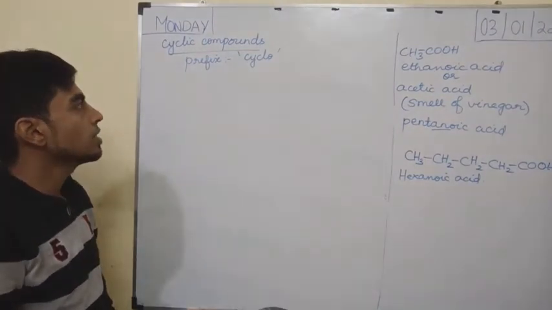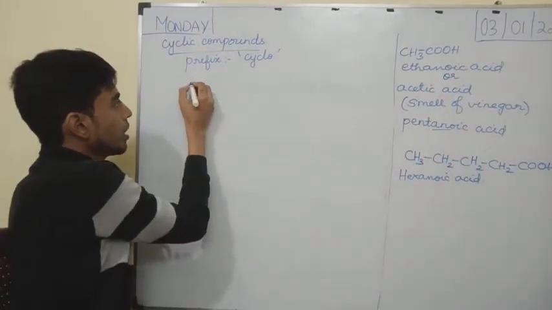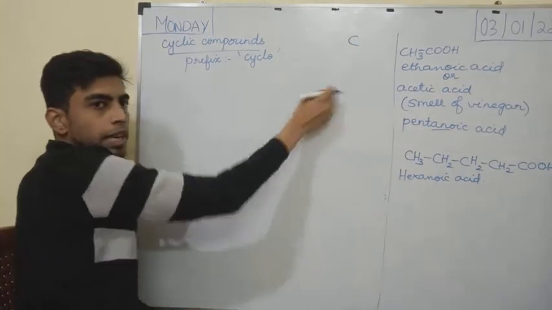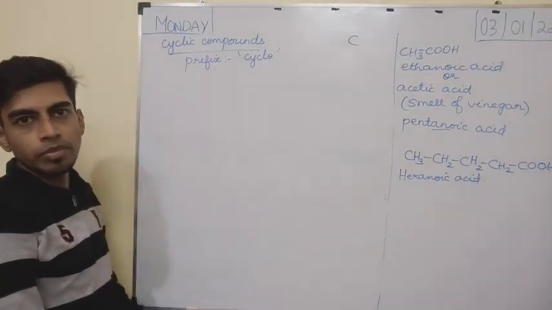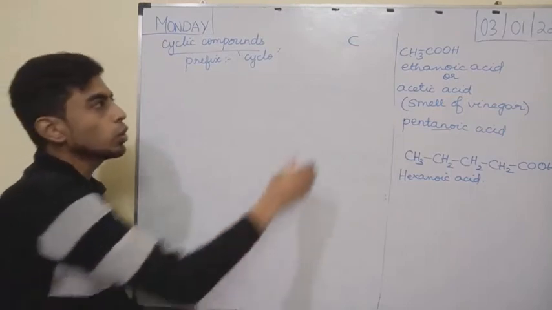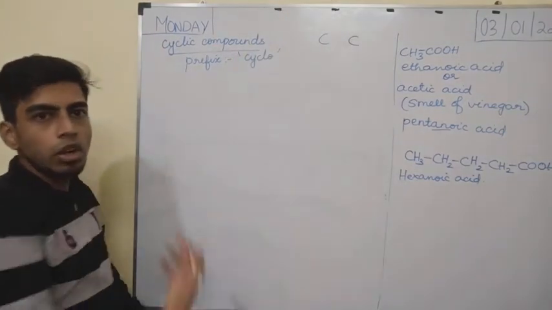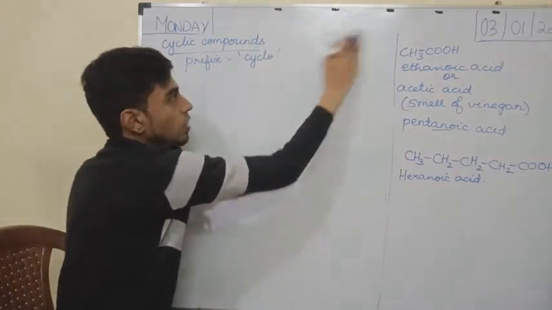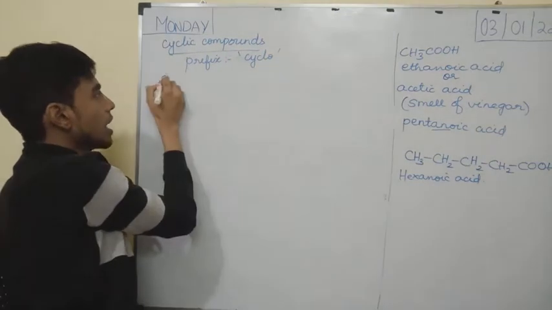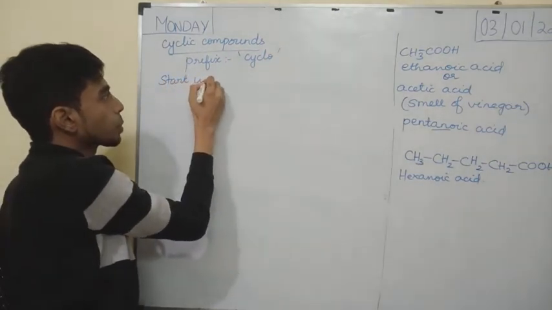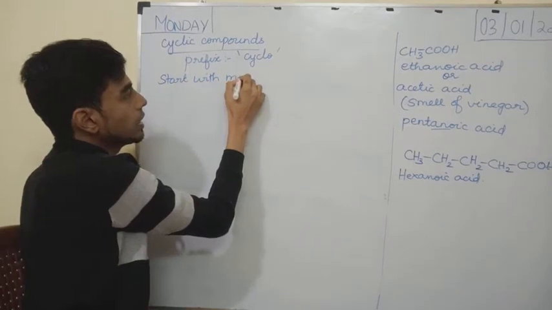Okay. Now listen carefully. With one carbon, can I make a cyclic compound? No. With 2 carbons, can I make a cyclic compound? No. So cyclic compounds will start with a minimum of 3 carbons.